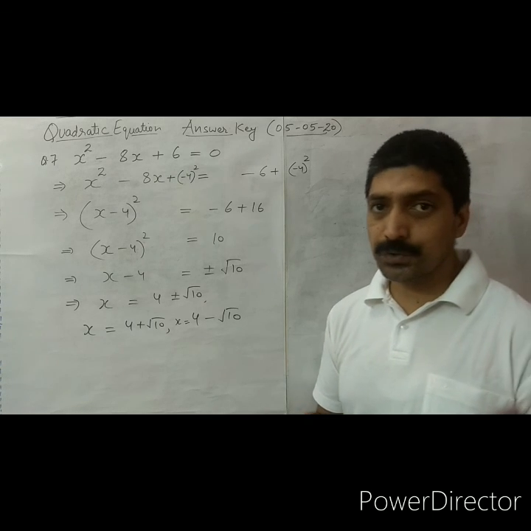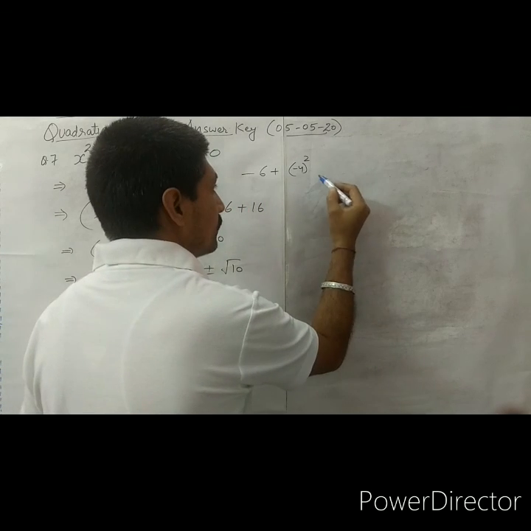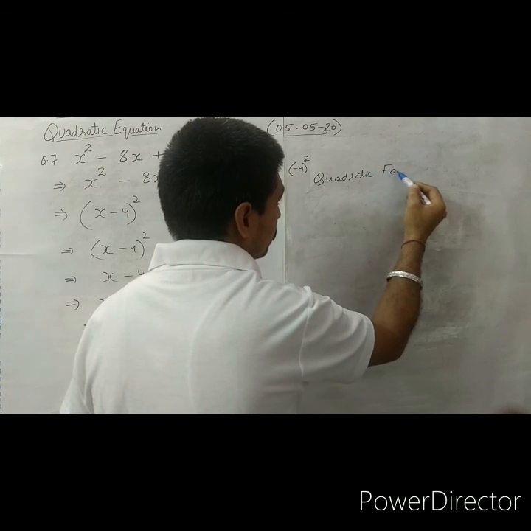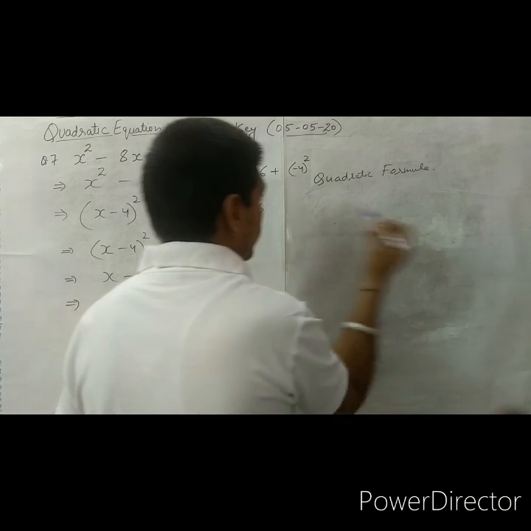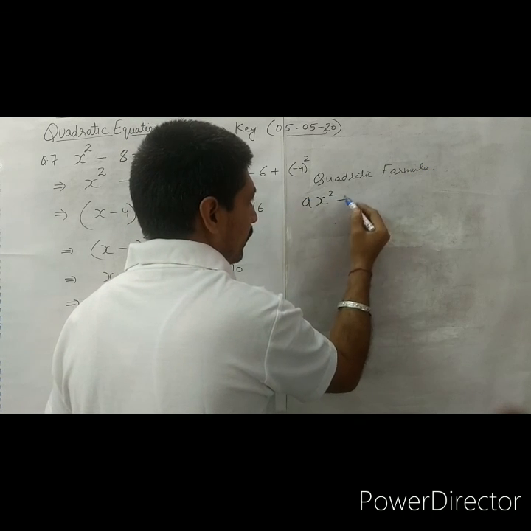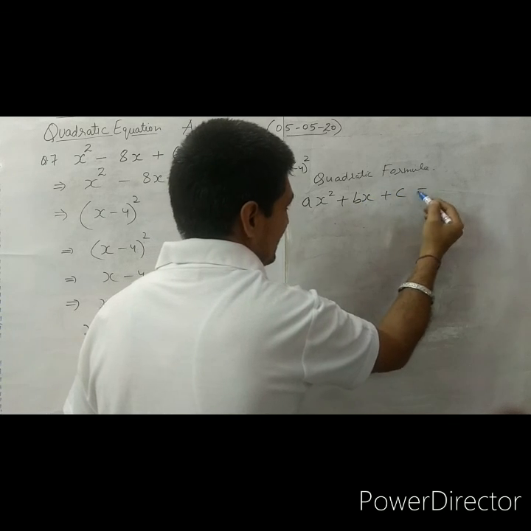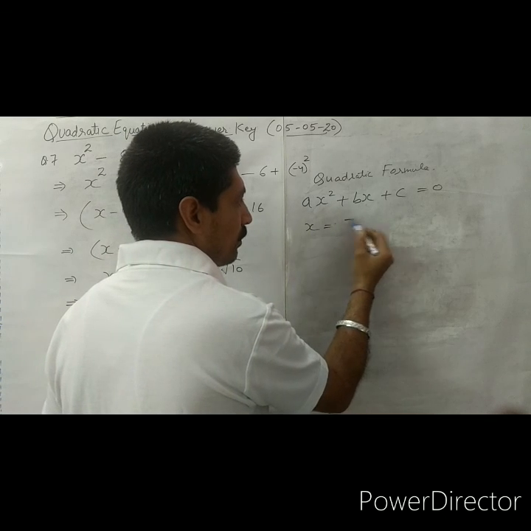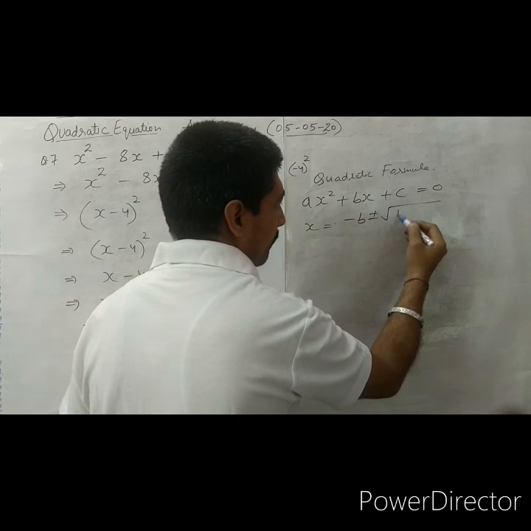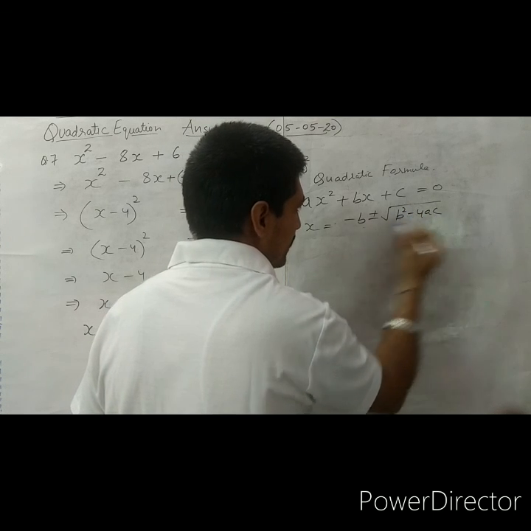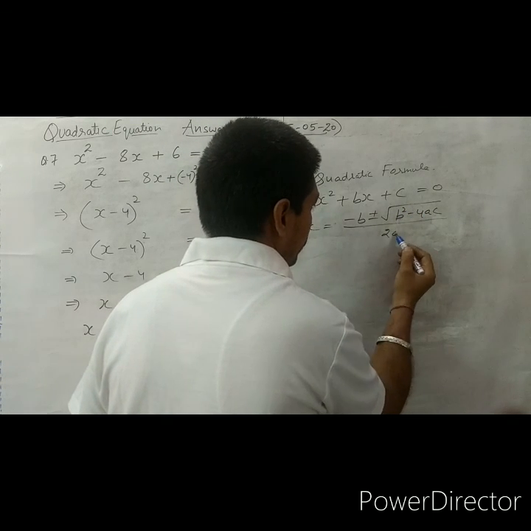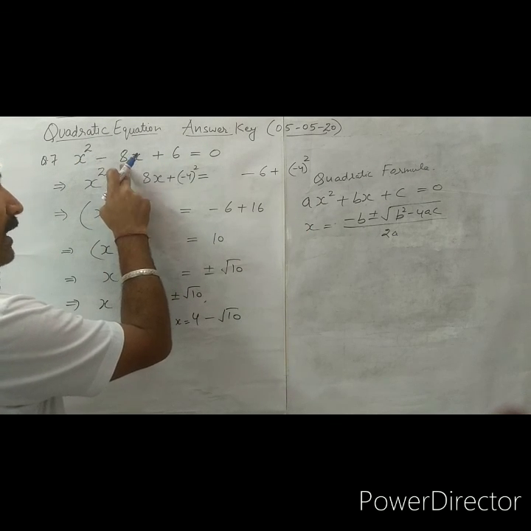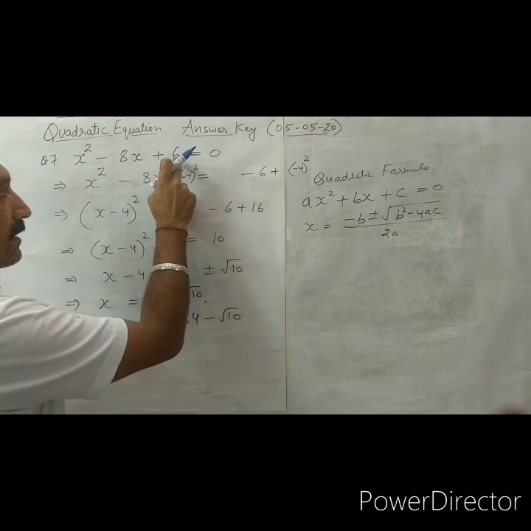Now the quadratic formula: if ax square plus bx plus c is equal to 0, then the value of x is equal to minus b plus minus under root b square minus 4ac upon 2a. Here also a is 1, b is minus 8, c is 6.